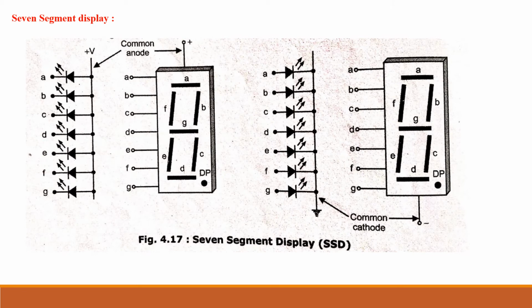Let's see 7-segment display interfacing. There are two types of 7-segment display: a common anode display and a common cathode display.